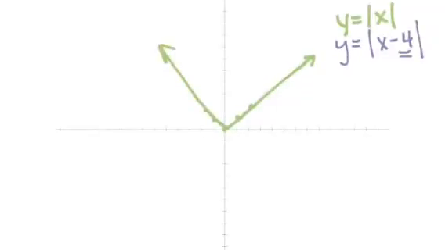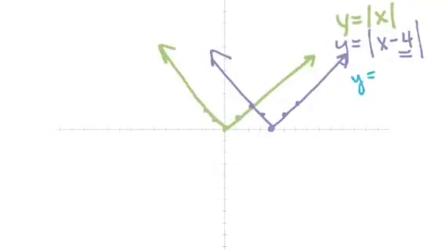Remember, this minus 4 tells us that we're actually going to shift this vertex to the right 4. So I have 1, 2, 3, 4. There it is. So that is our new vertex. It has been shifted to the right 4. And our slope hasn't changed. It's still up 1 over 1, or up 1 back 1.